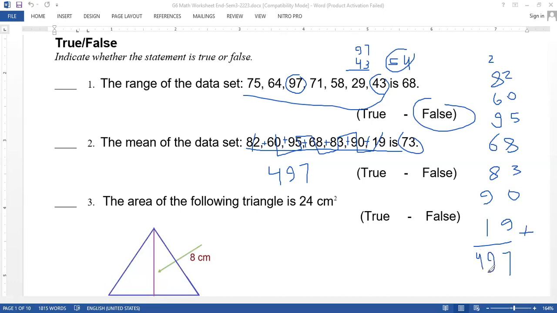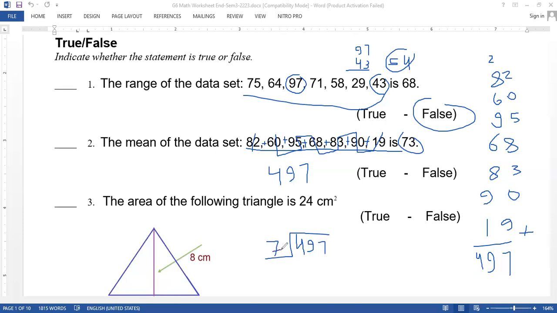So now I divide 497 by how many values do I have? 1, 2, 3, 4, 5, 6, 7. So I divide 497 by 7. Why divide by 7? Because we have 7 values. How do I do long division?